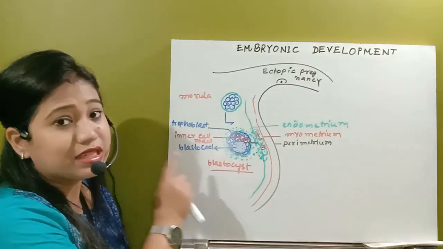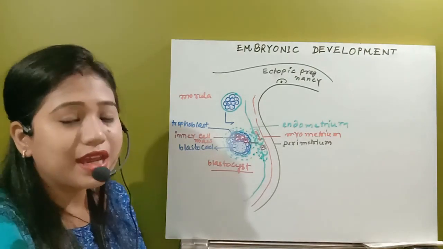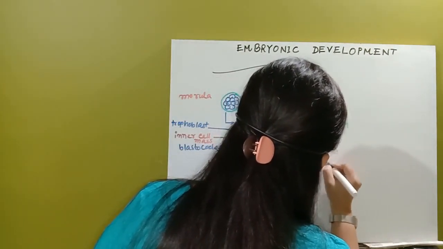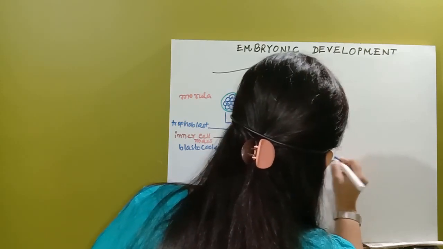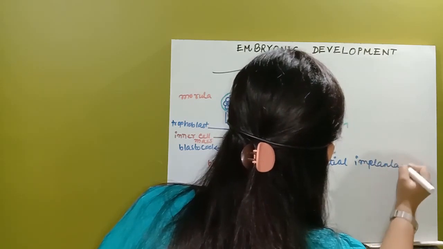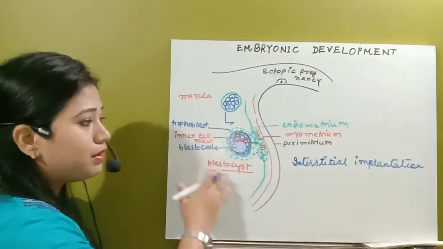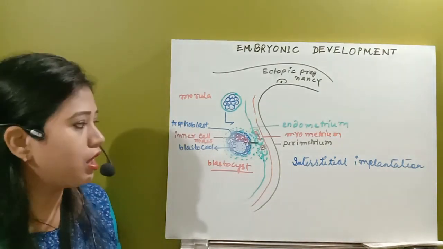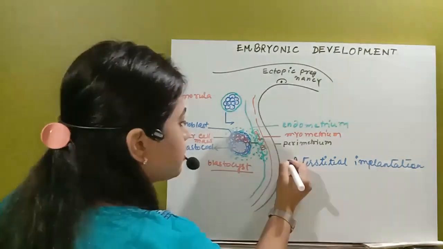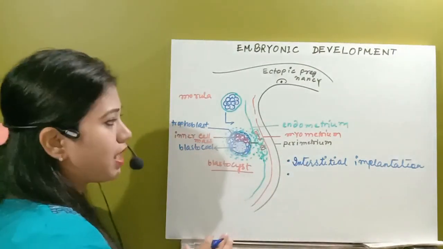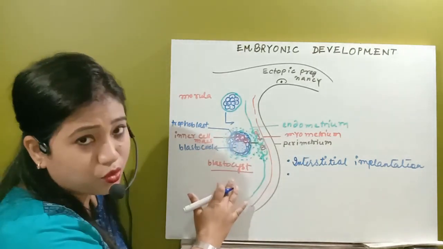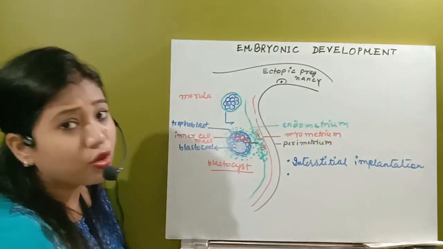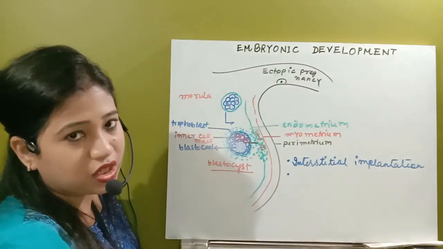When the blastocyst is completely engulfed by the endometrium, that type of implantation is known as interstitial implantation. So interstitial implantation means the whole blastocyst is completely engulfed by the endometrium, completely submerged and buried in the endometrium.